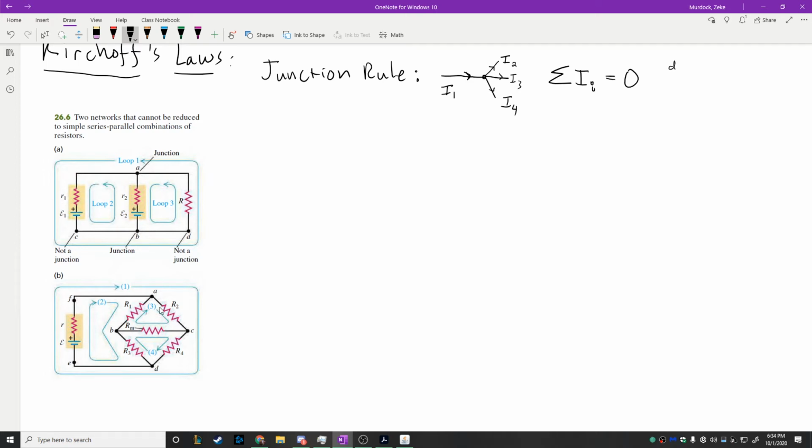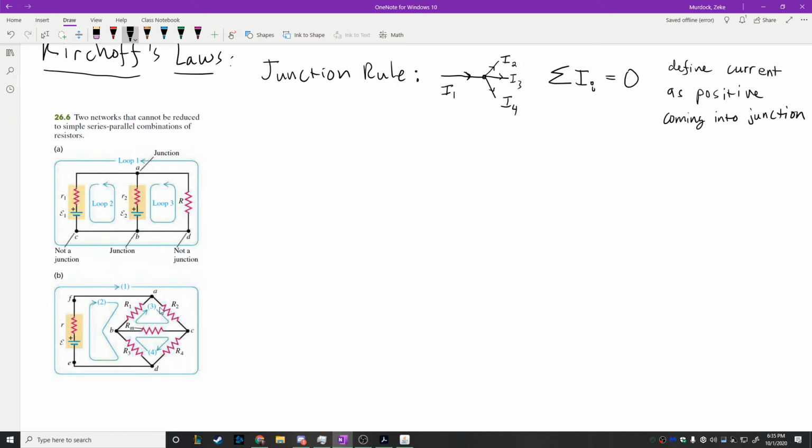Okay, so we define current as positive coming into the junction, and define current as negative going out of the junction.